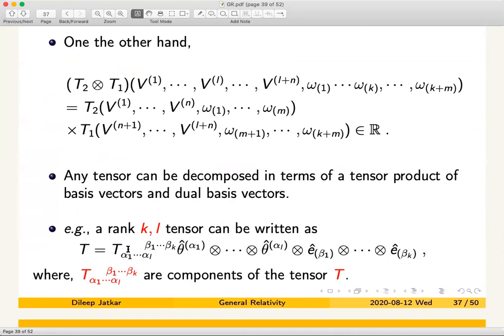If you have a tensor which has K contravariant and L covariant indices, which is what we call a rank (K, L) tensor, then T can be written in terms of the basis with L dual vectors and K vectors belonging to the tangent space. Of course, T with indices alpha 1 to alpha L, beta 1 to beta K are called components of the tensor.